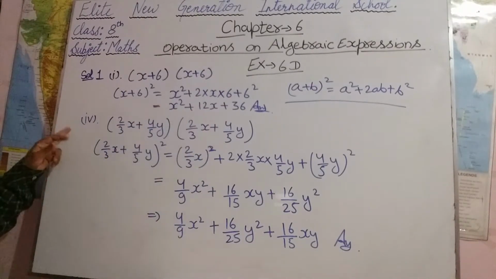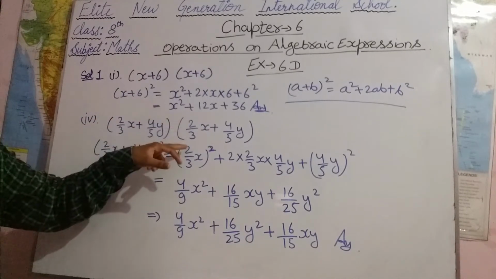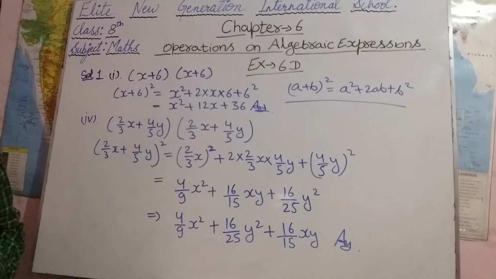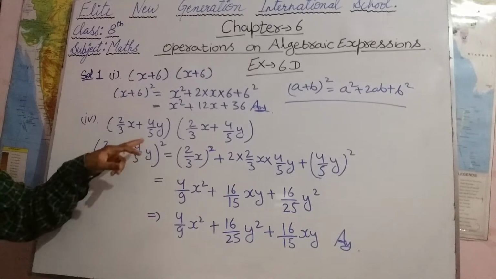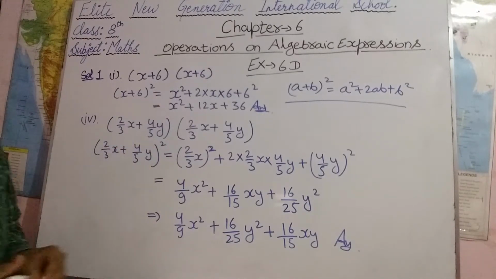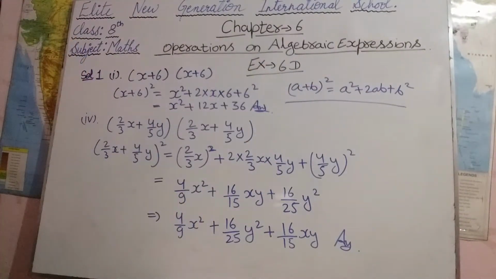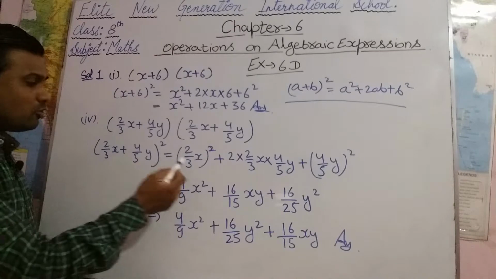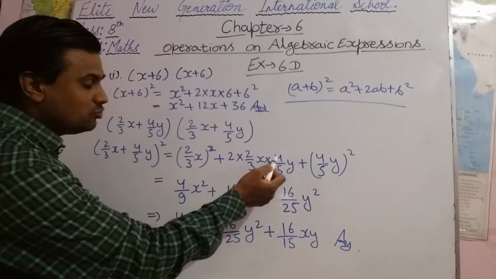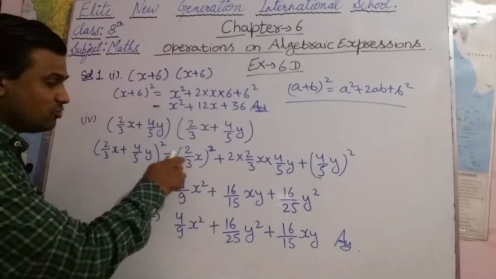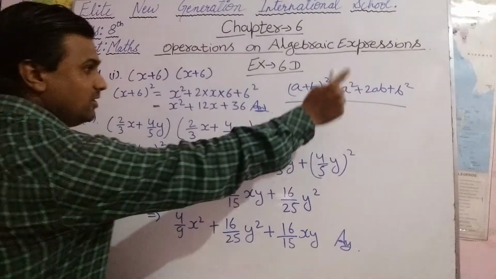Now after this, see its fourth part, (2 upon 3x plus 4 upon 5y) into (2 upon 3x plus 4 upon 5y). Here we can write it as (2 upon 3x plus 4 upon 5y) whole square. Now by using the same identity, (a plus b) whole square equals a square plus 2ab plus b square, we can write here (2 upon 3x) whole square plus 2 into 2 upon 3x into 4 upon 5y, because here 2 upon 3x is a and 4 upon 5y will be b.